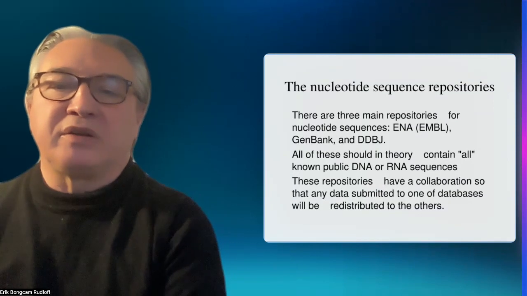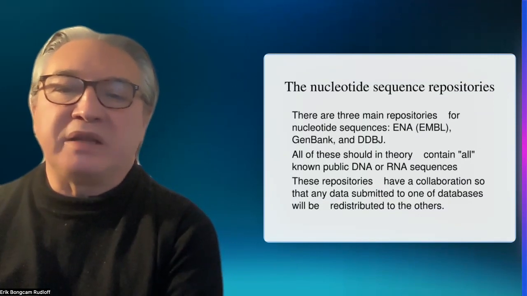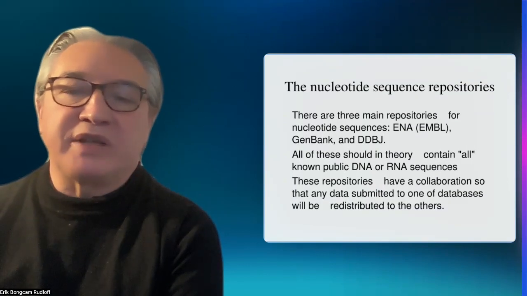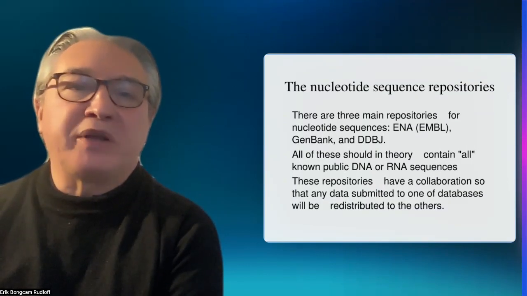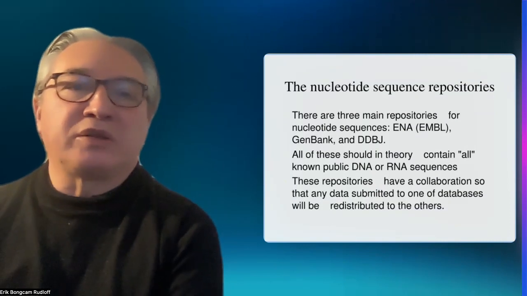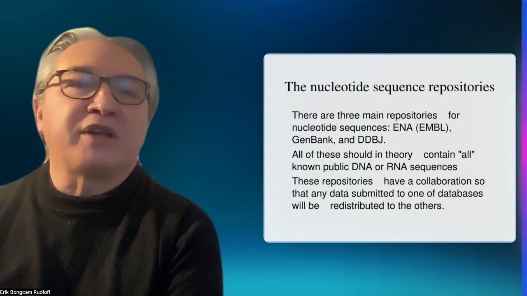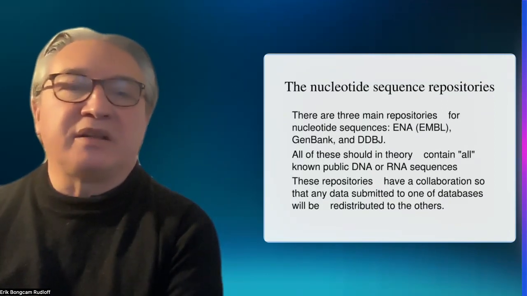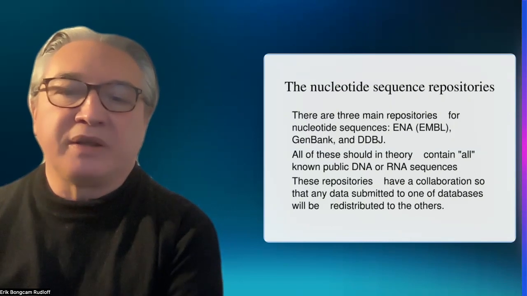The nucleotide repositories are mainly three. One is the ENA, the European Nucleotide Archive. It was previously called the EMBL Nucleotide Database. Then there is GenBank, and then the DNA Database of Japan.